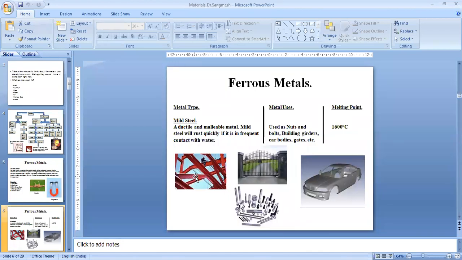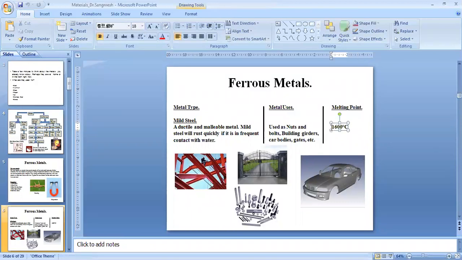In industrial applications, it is used in nuts, bolts, building bridges, car bodies, gates, etc. Its melting point is 1600 degrees Celsius: if you start melting it in a furnace and adding heat, it melts at 1600 degrees Celsius. So this is with respect to ferrous material.